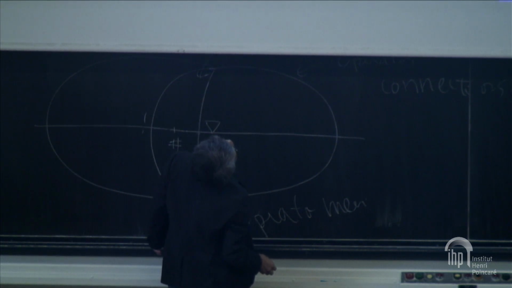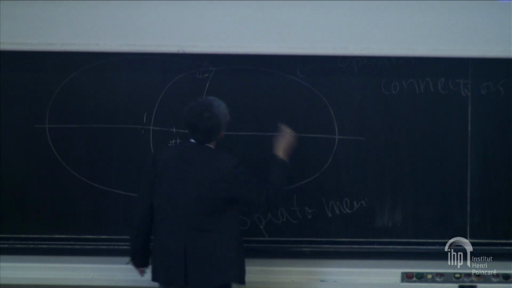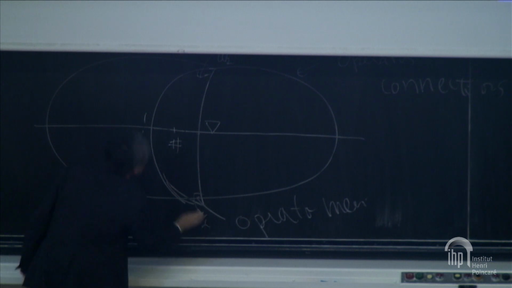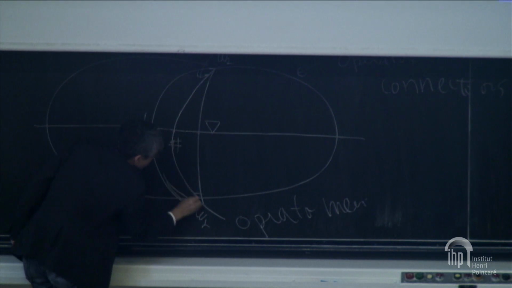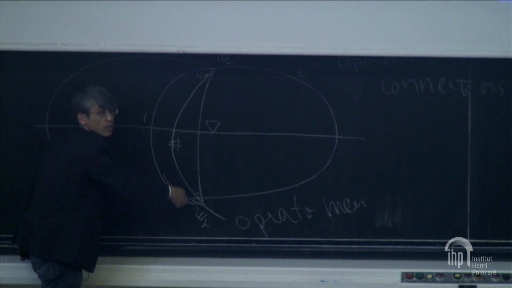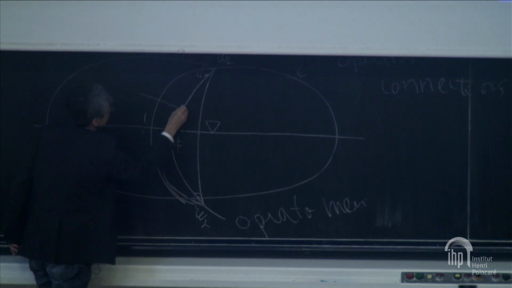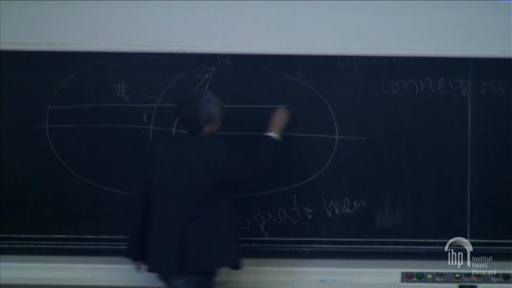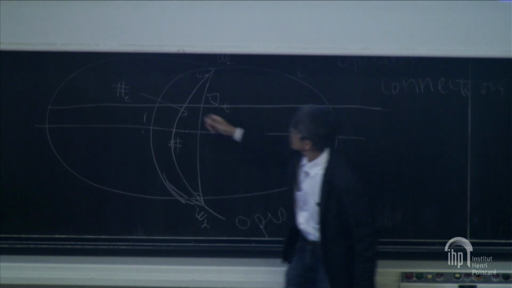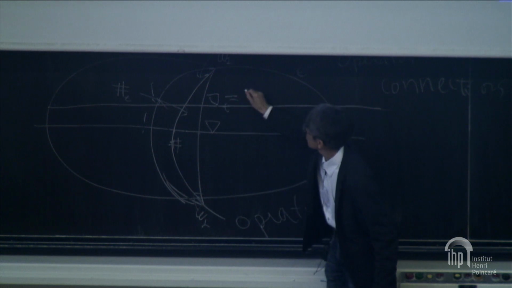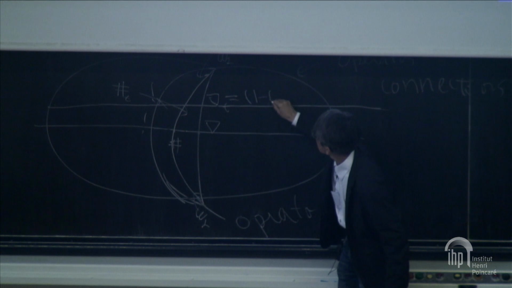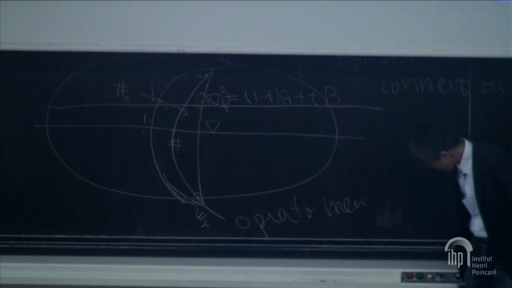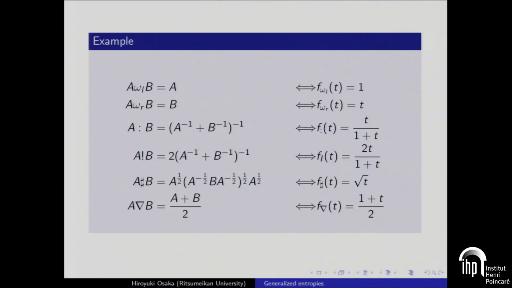There is a path like this one, so we can parameterize the operator means. Starting here, this is a weighted geometric mean, and then for each t there is a weighted arithmetic mean and a weighted harmonic mean. For example, this one corresponds to this, by using operator inequalities.